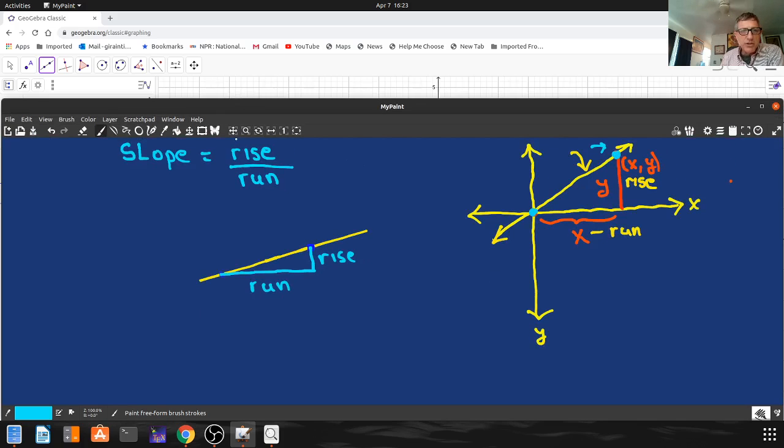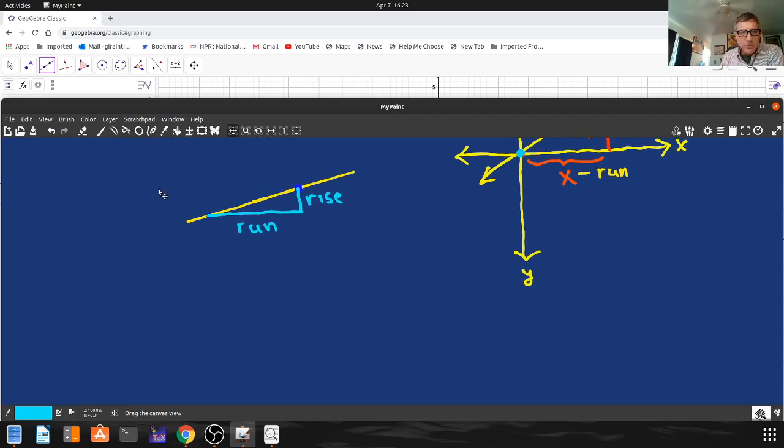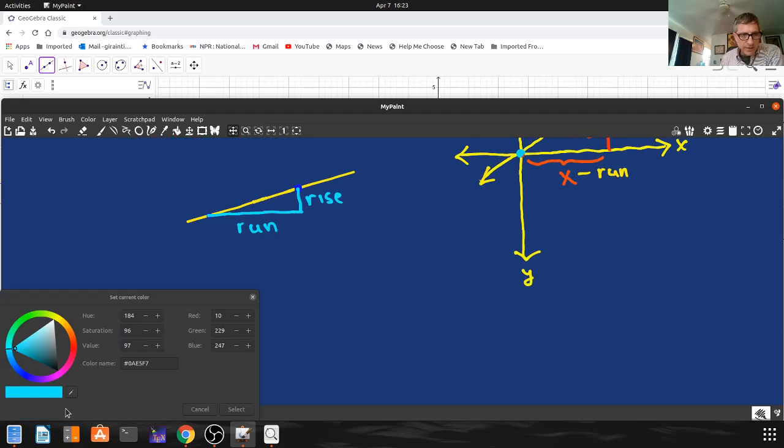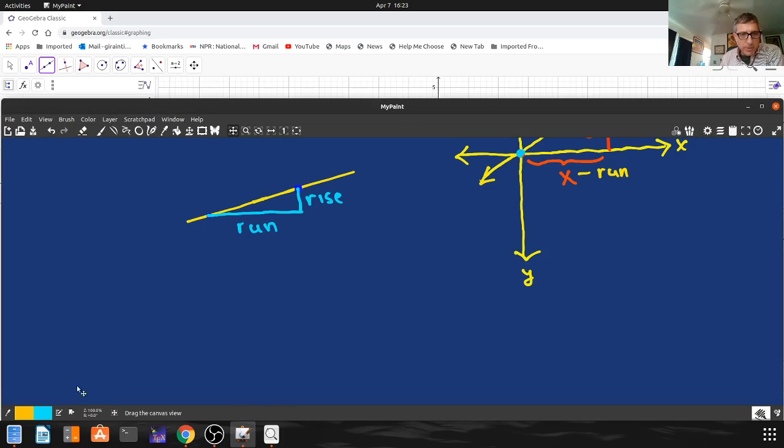But we have to have a general formula for a line, any line whatsoever, whether it goes through the origin or not. So let's look at this particular illustration I've got right here. So this point right here, it's going to have an x value and a y value. Now, these aren't variables. These are actual values.